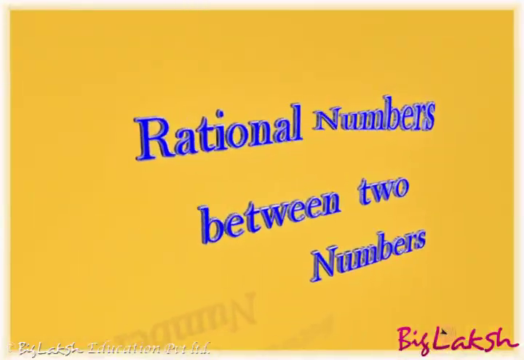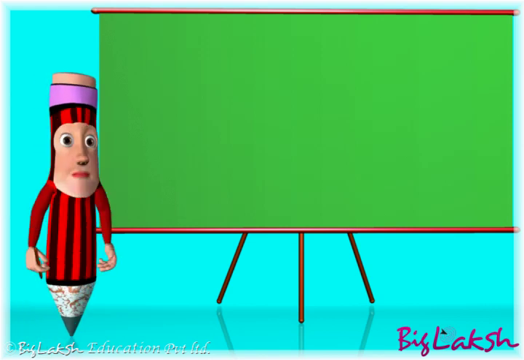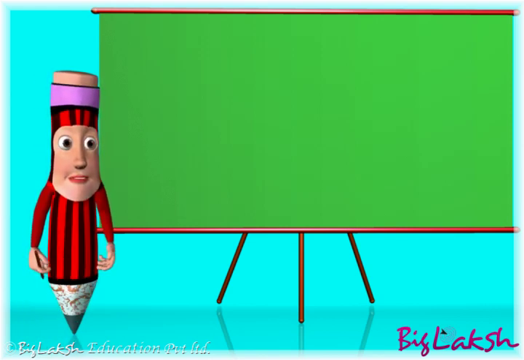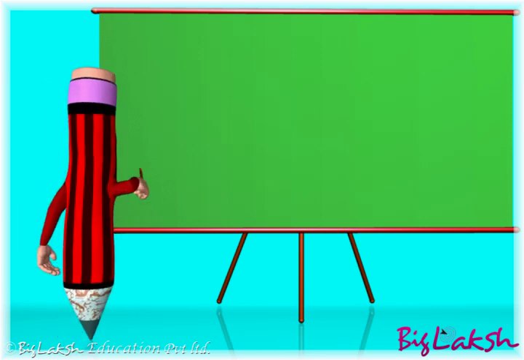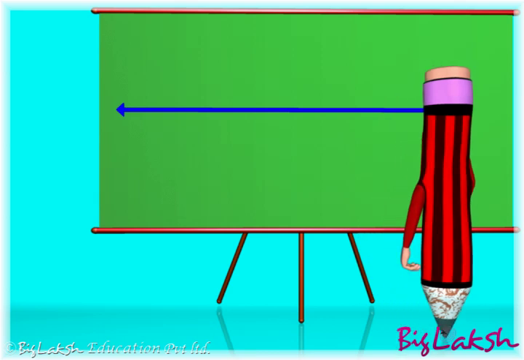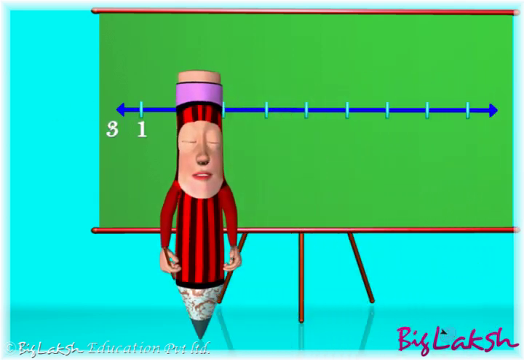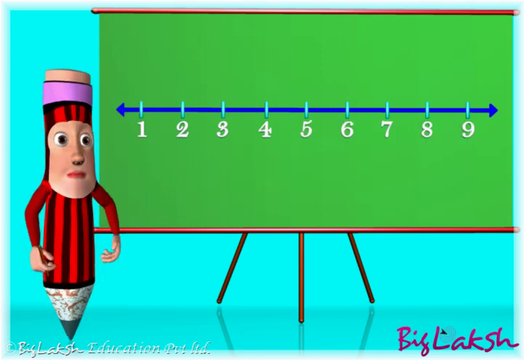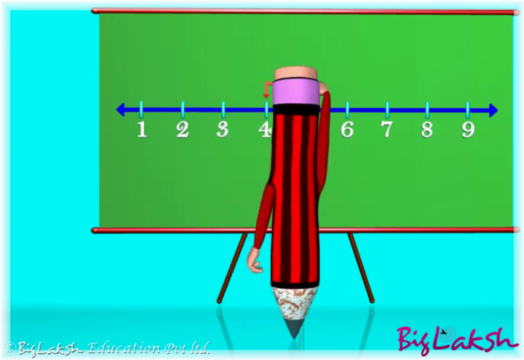Rational numbers between two rational numbers. Let us try to list the natural numbers between 4 and 7.